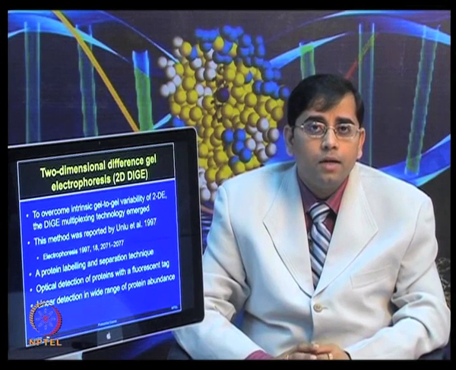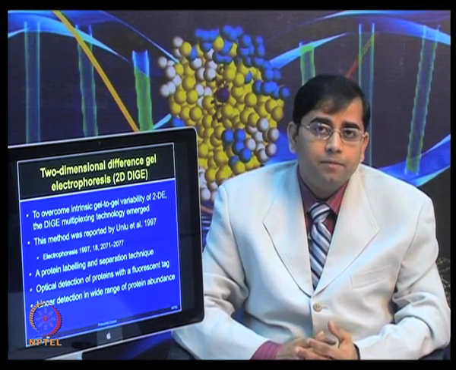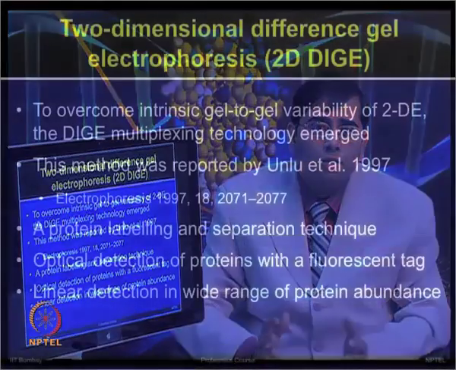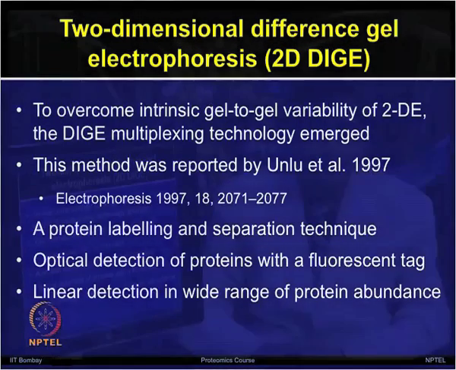So, overall one can expect a very sensitive method giving a very large dynamic range of protein detection by using fluorescent tags, and this method gives multiplexing and separates proteins on one gel. So, it is expected that it will avoid a lot of difficulties encountered in the traditional 2D gel.